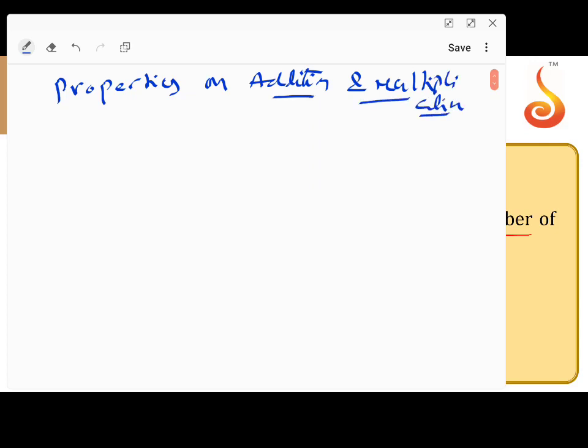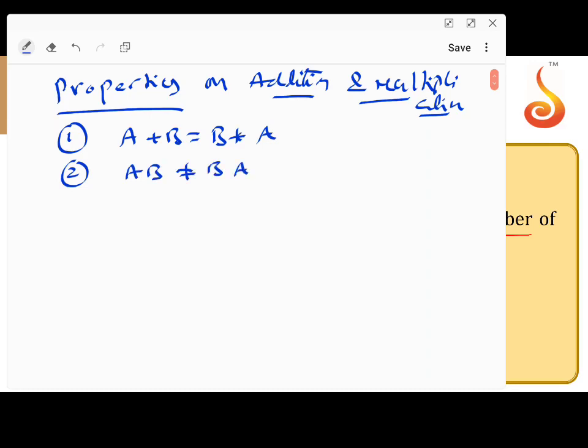Properties on addition and multiplication. The first one, A plus B should be equal to B plus A. The second one, AB is not equal to BA. That means matrix addition is commutative, but multiplication is not commutative.